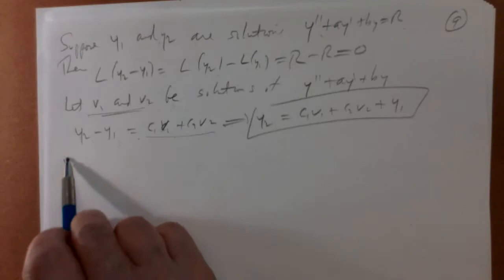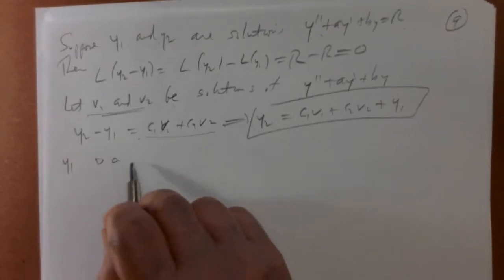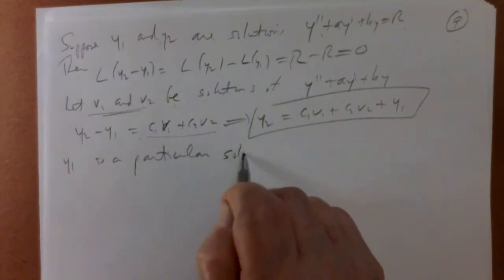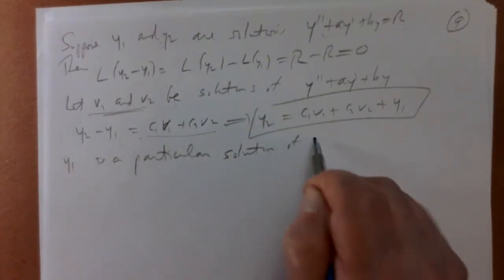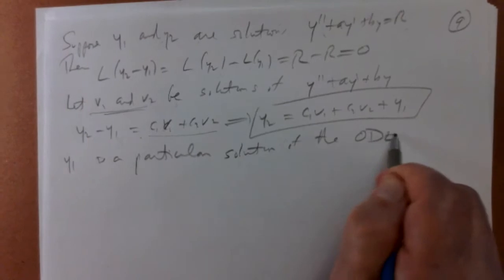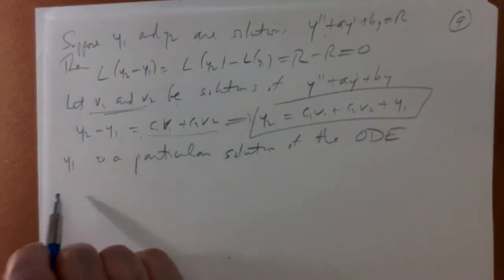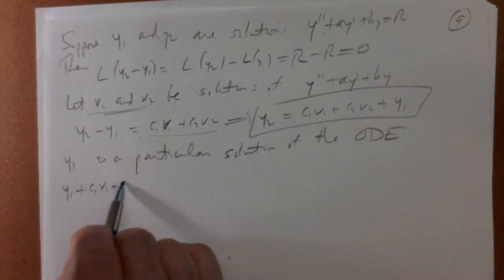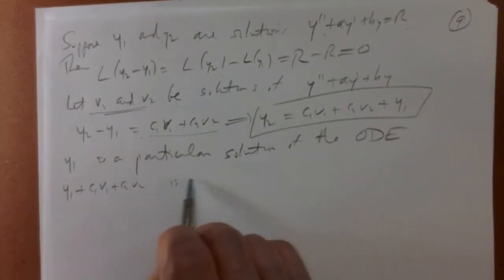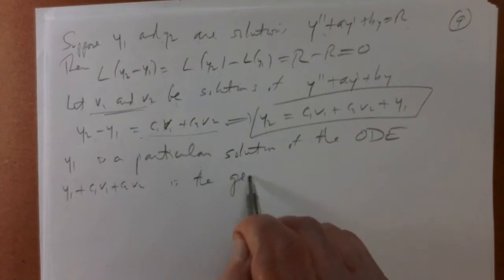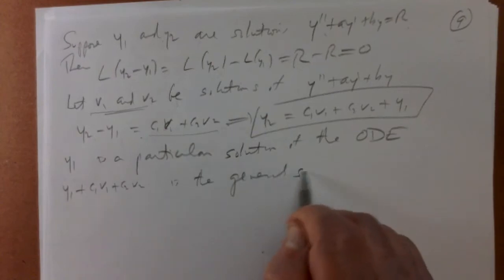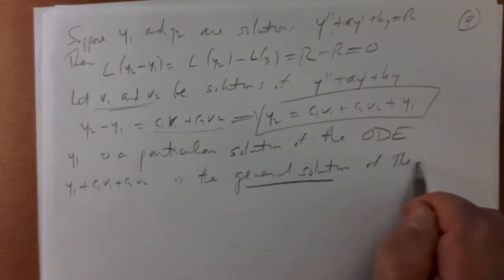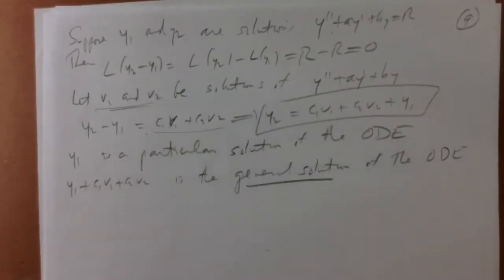We call y1 a particular solution of the ordinary differential equation. y1 plus c1 v1 plus c2 v2 is what we call the general solution of the equation.